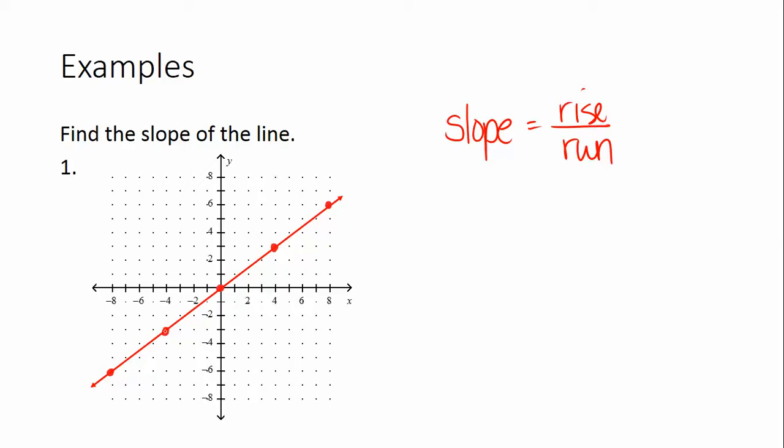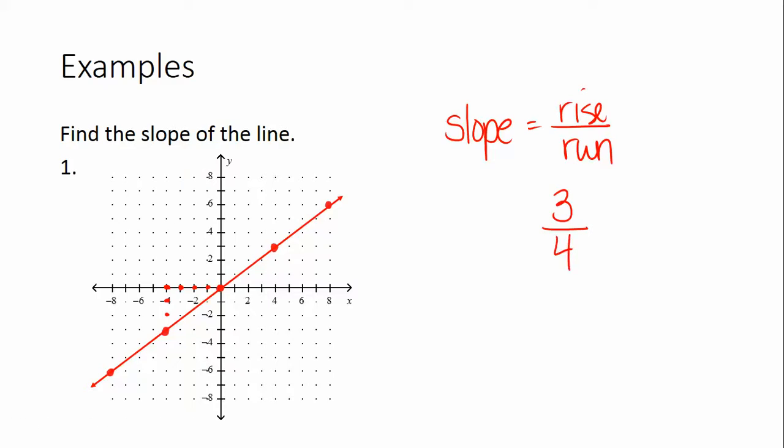That's not 1, that's your starting place. So I go up 1, up 2, up 3. And from here, again, don't count where you start when you move to the right, going over 1, over 2, 3, and 4 before I land on the ordered pair. So the slope is 3 over 4.